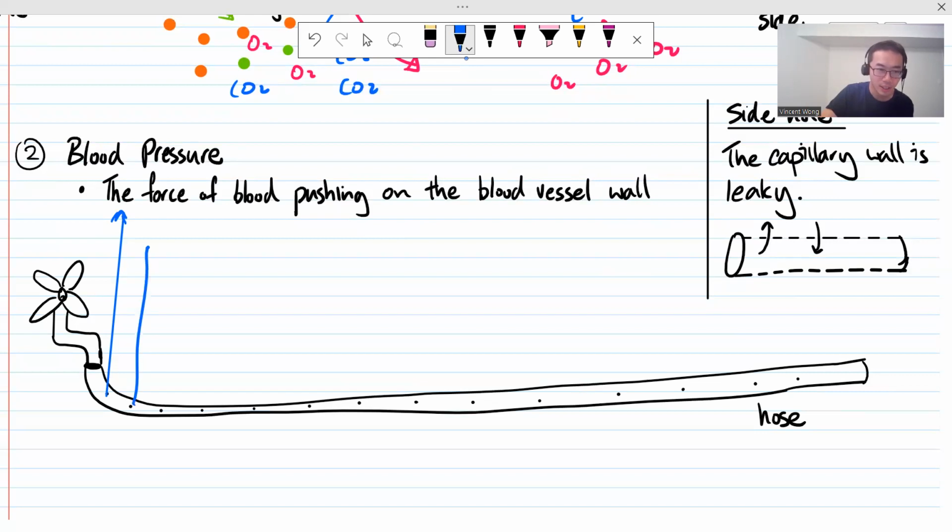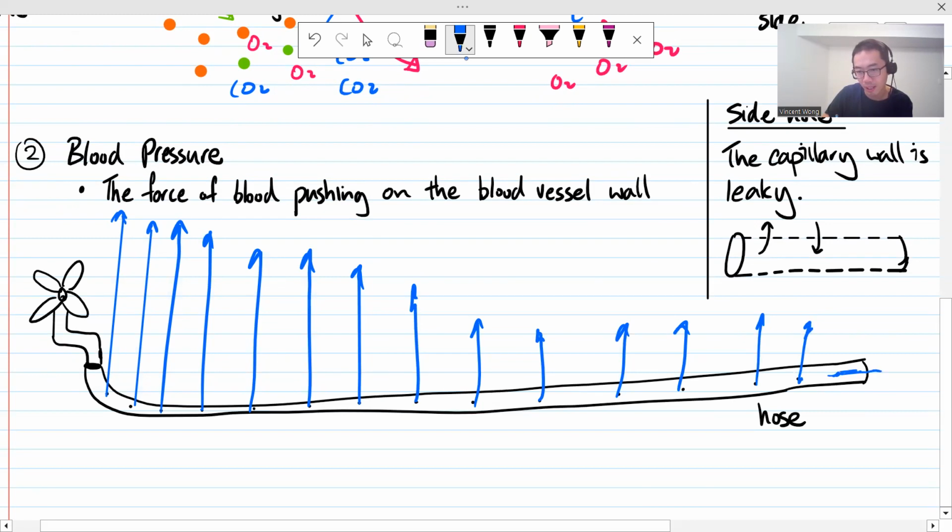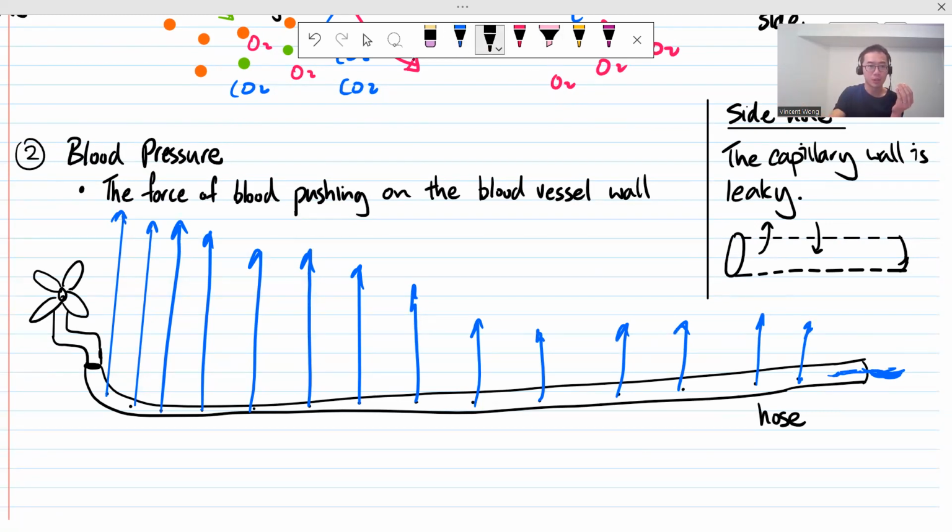It's still going to be shooting water, probably very similar at the beginning. But the further down the hose you are, the lower the pressure. And if this is a really long hose, at the end it would just be seeping out. And why is that? Because the further away you are from the source, the lower the pressure is going to be.